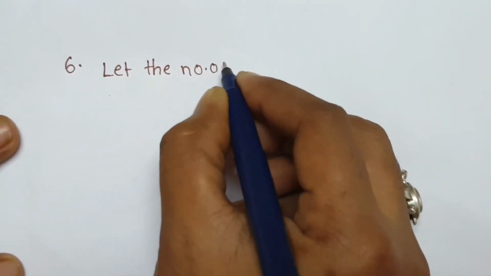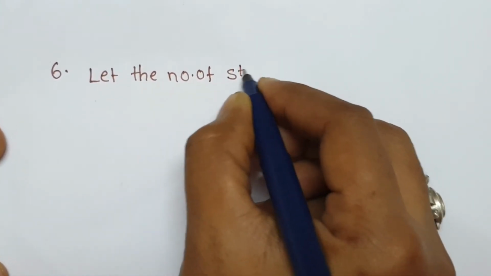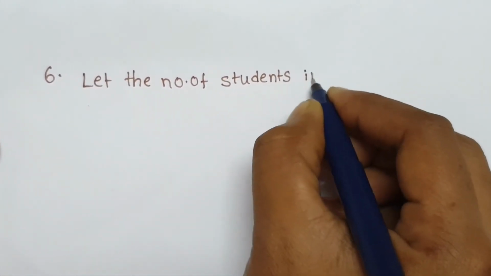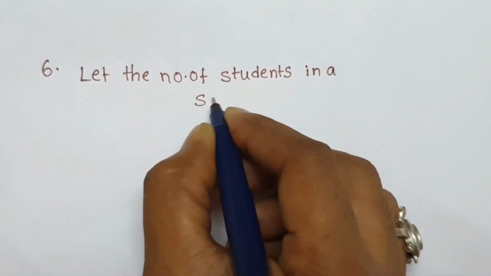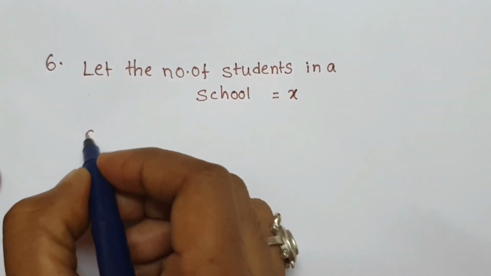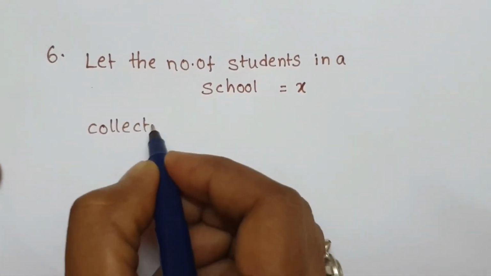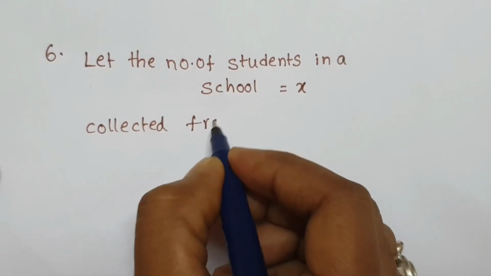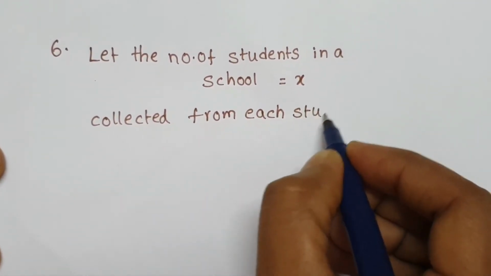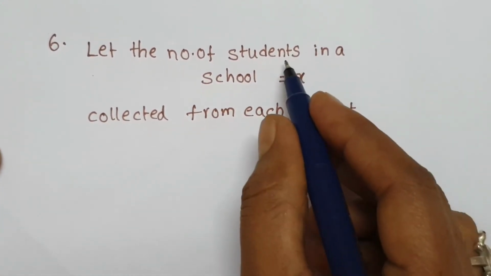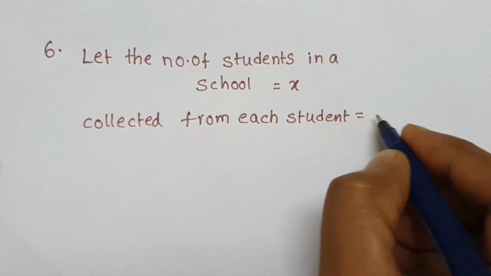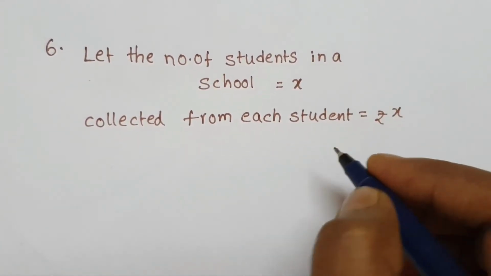Let the number of students in a school equal to x. Next, the fee collected from each student, that number equal to x rupees.